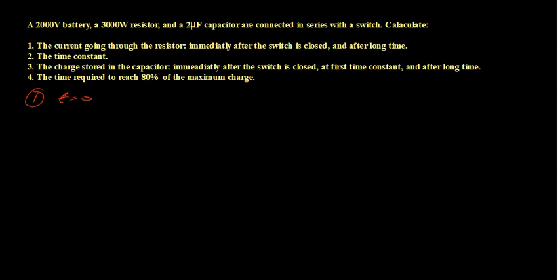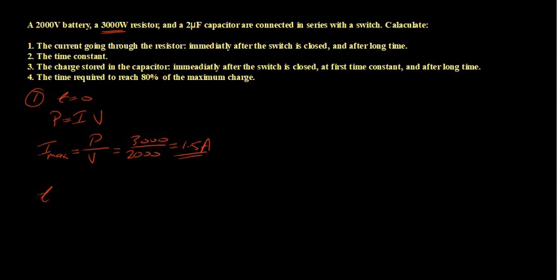Here we have 3000 watt, not ohm, but we can use power equals I times V, and that will give the maximum current going through the resistor immediately after closing the switch. That's P over V, 3000 divided by 2000, which gives 1.5 ampere. That is the current going through this resistor at t equals 0.